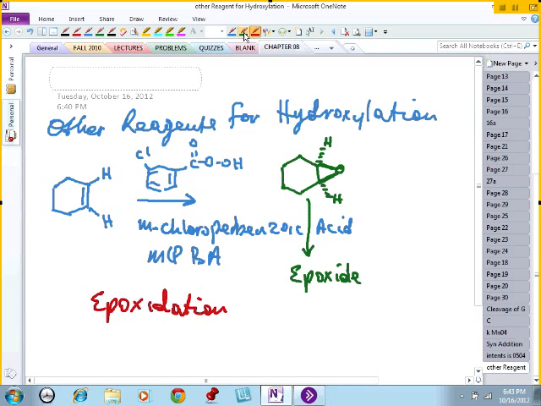Now, if you take the epoxide, you add dilute acid to it. The epoxide will open up such that you now form a 1,2 diol.